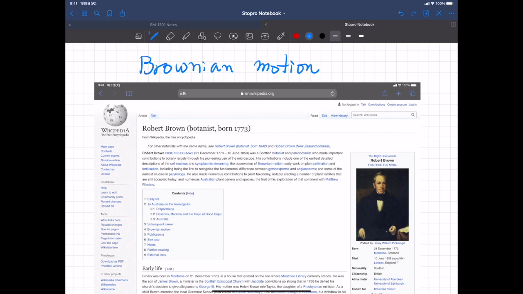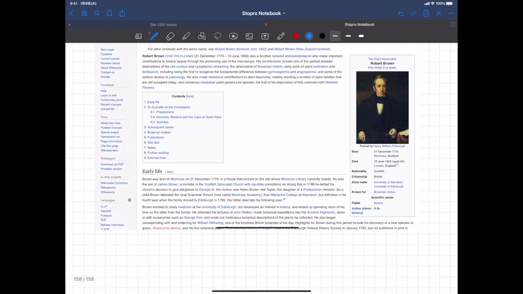But anyway, he discovered this phenomenon, and in the early 20th century, Albert Einstein made a consistent theory that explains Brownian motion, which was zigzag motion caused by collision with water molecules, thereby confirming the notion of atoms. By this theory, Einstein was able to calculate Avogadro's number, which gave support for the atomic hypothesis.